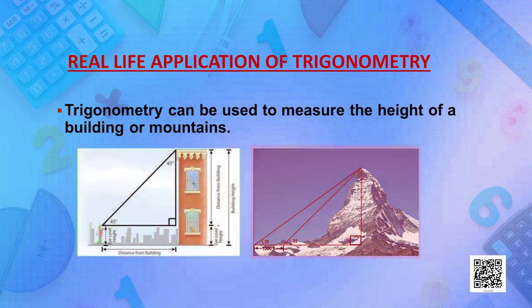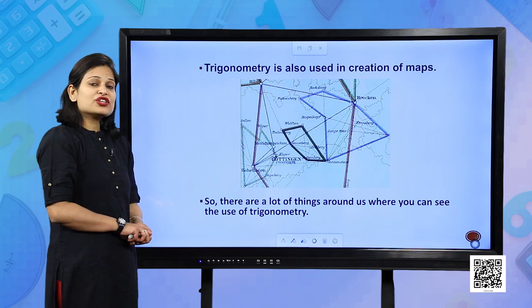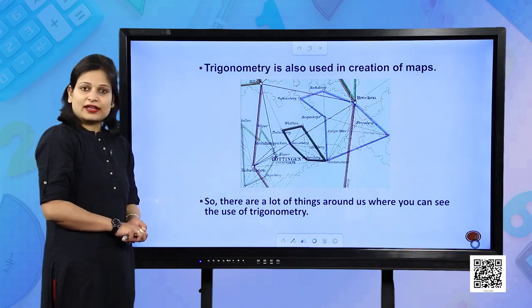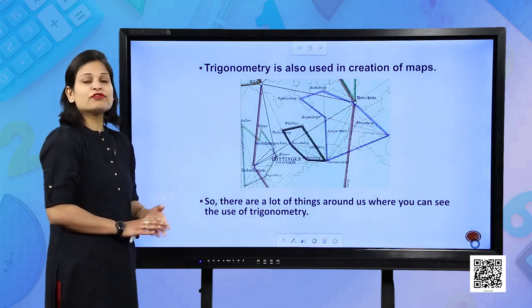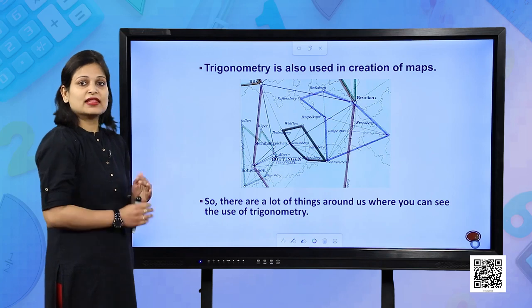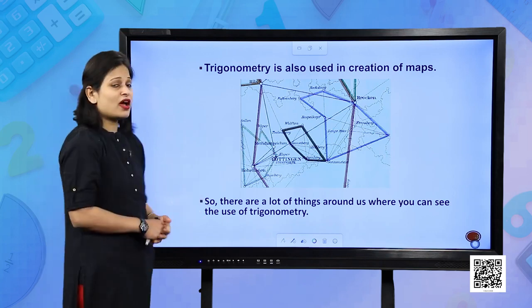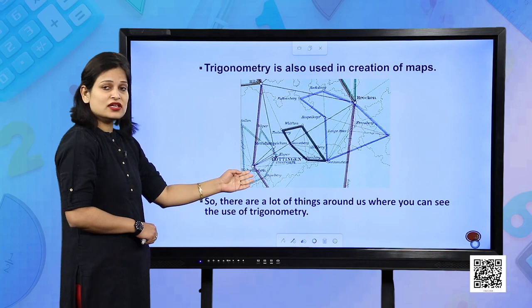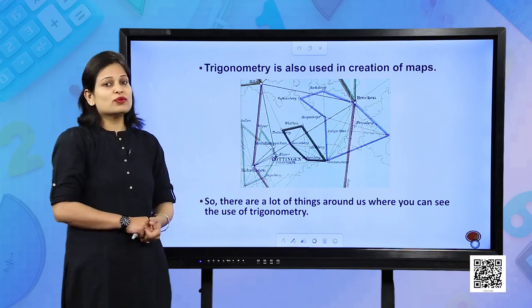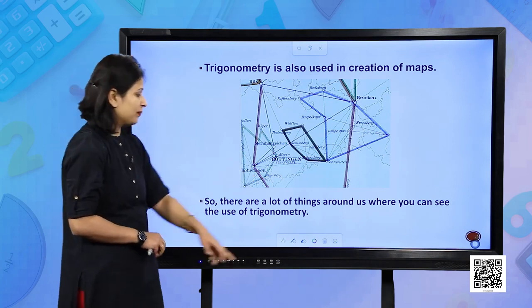Similarly, we can measure the height of a mountain. Trigonometry is also used in creation of maps. Basically, architects use the concept of trigonometry to design the map. So, there are a lot of things around us where you can see the use of trigonometry.